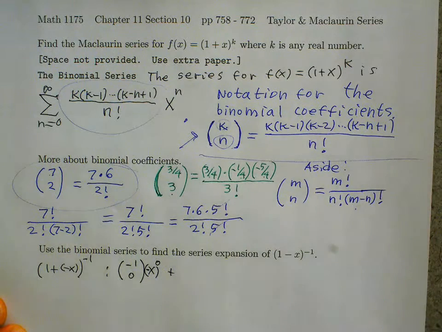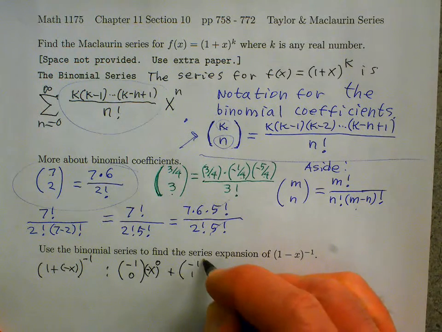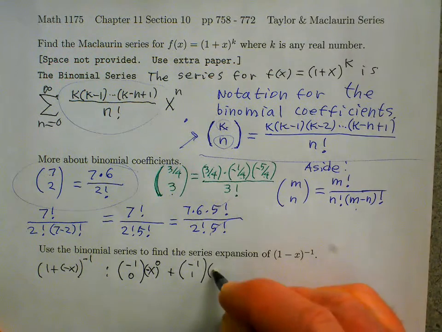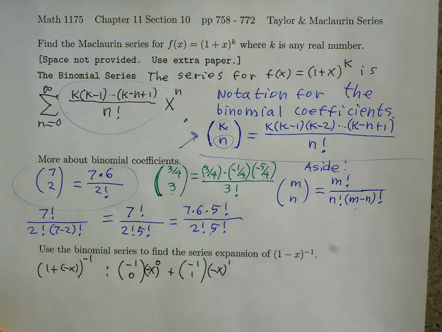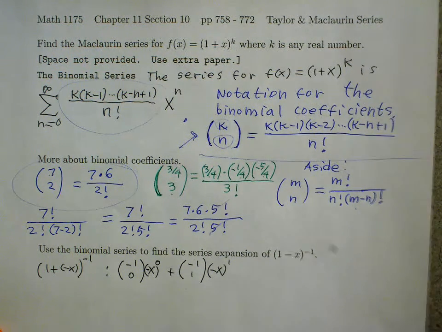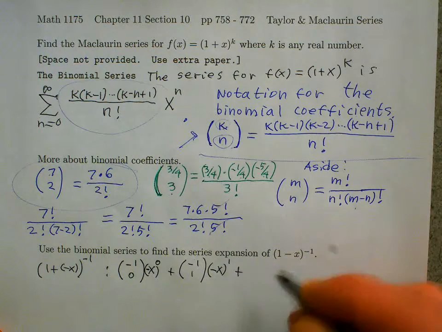And then what's the next term? Negative 1, choose 1, times the term negative x to the first. Then what? Negative 1, choose 2.